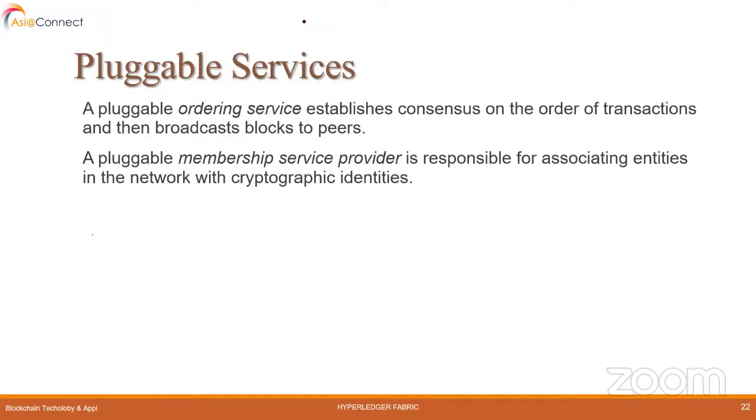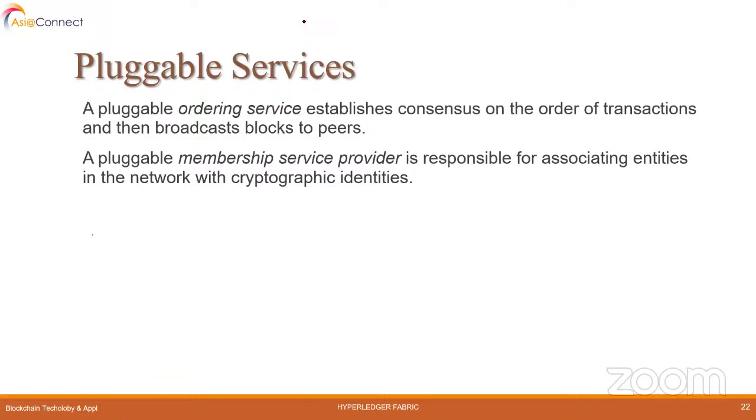Similarly, I will have a pluggable membership service provider. This is responsible for associating entities in the network with cryptographic identities. Remember that every single person will have cryptographic identities.